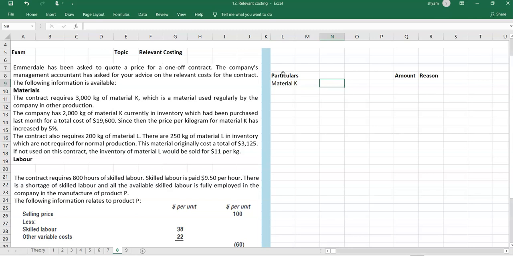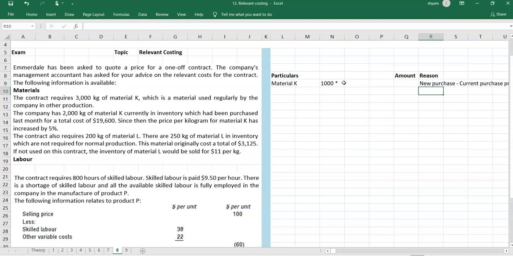So material K is required, 3000 kgs, and even though there is already 2000 kg in the godown, we still have to purchase around 1000 kg. So we can say it is 1000 kg at the current purchase price, because this is a new purchase, we have to freshly buy 1000 kgs.